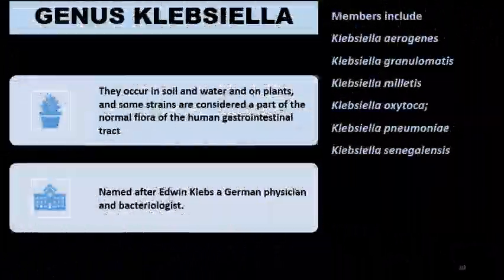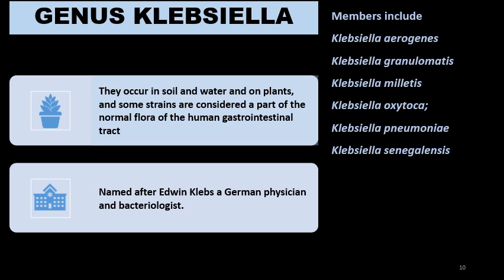The genus Klebsiella consists of several species, and among these species we have Klebsiella pneumoniae, Klebsiella aerogenes, and Klebsiella oxytoca as those that are usually implicated in several cases of infection and mostly encountered in the environment.